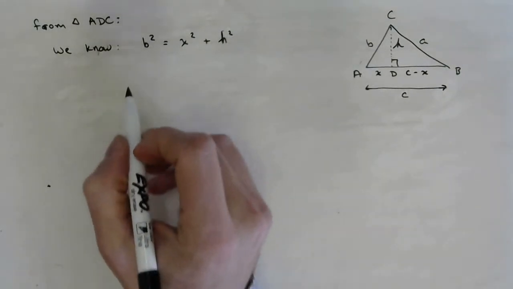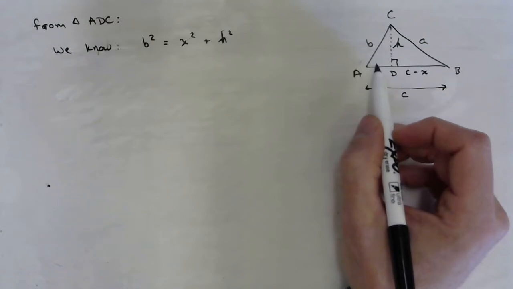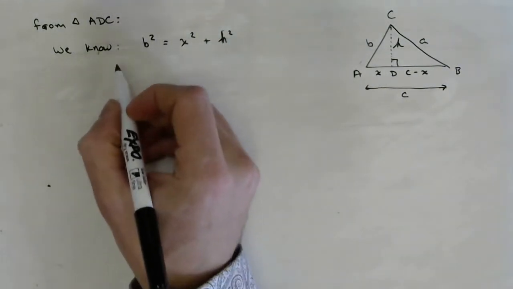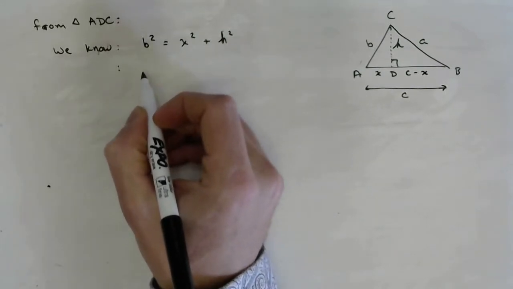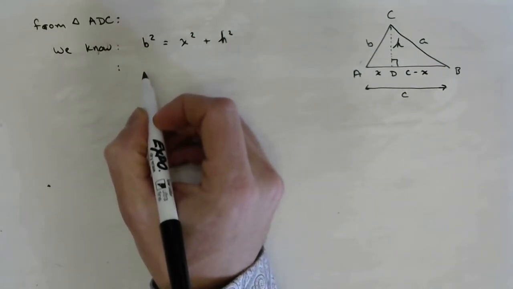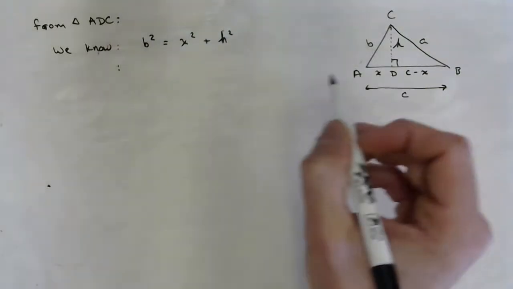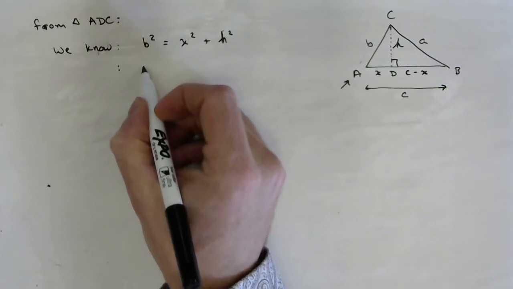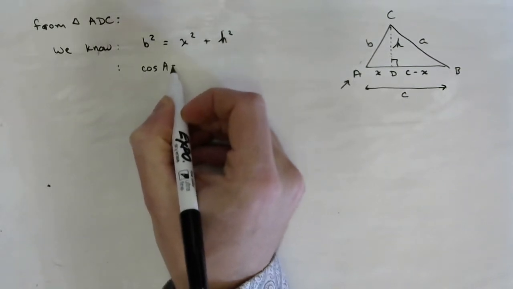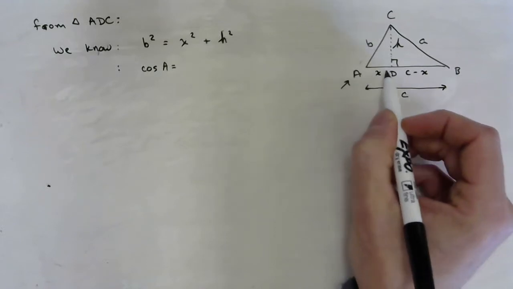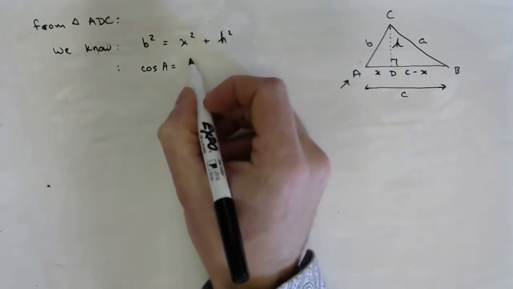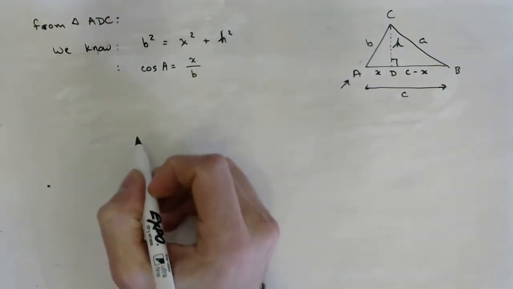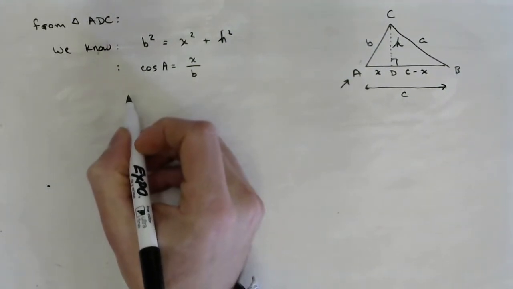We also know the cosine ratio from SOHCAHTOA, SOH CAH TOA: adjacent over hypotenuse. So we're going to look at this from angle A. So we're going to have the cosine of A is equal to adjacent over hypotenuse, which is X over B. Those are two things that we know that we're going to use.